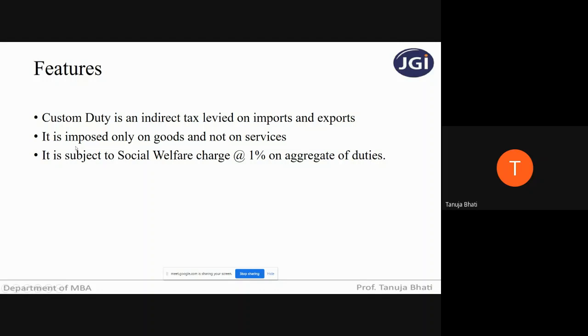Next, it is imposed only on goods and not on services. As I already told, customs duty is only on goods that you're getting into India or sending outside India. It is on the merchandise, it is not on services. Next, it is subject to a social welfare charge at the rate of 1% on aggregate of duties. This particular thing is similar to the direct tax.